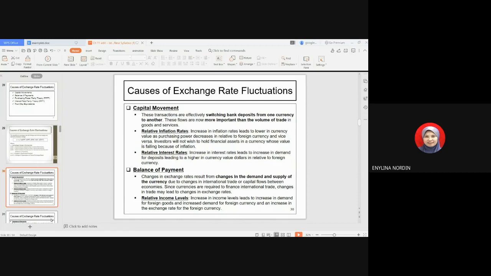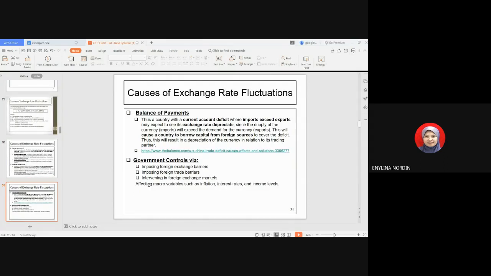As I mentioned just now, government control also plays an important role, and is crucial in influencing the exchange rate fluctuations.